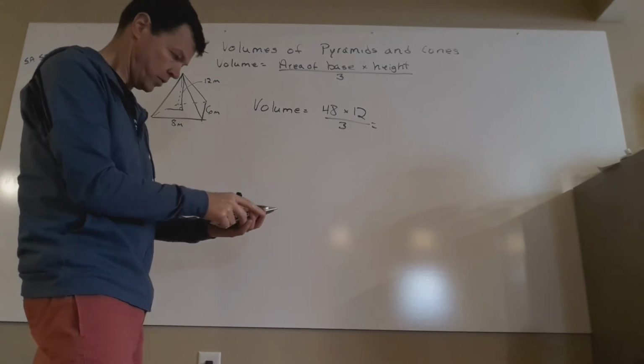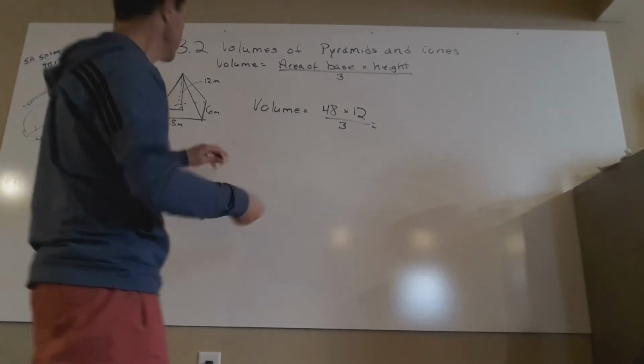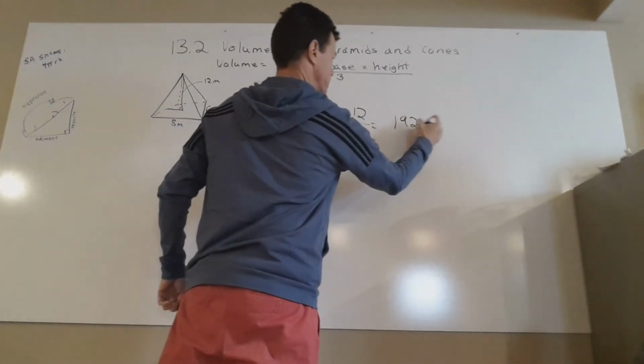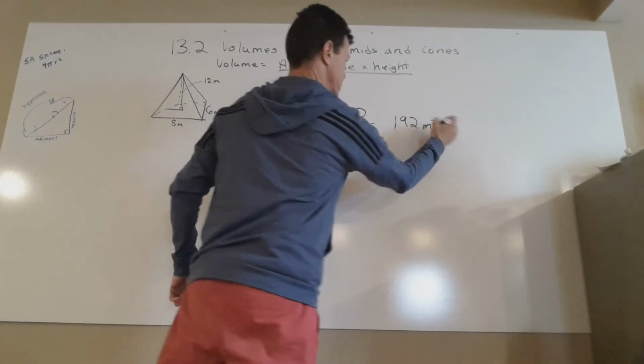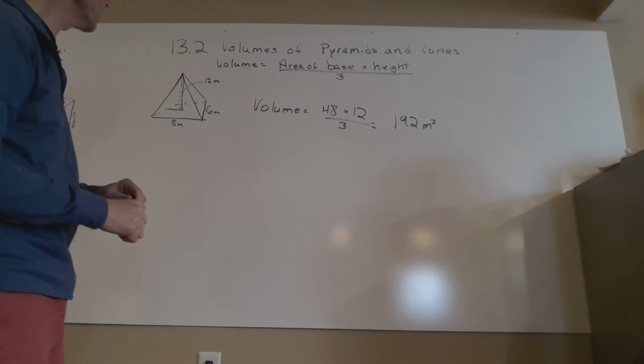That's going to be around 200 or so. 192. So we got 192 meters squared. Not squared, cubed. 192 meters cubed. Volume is always in cubic units.